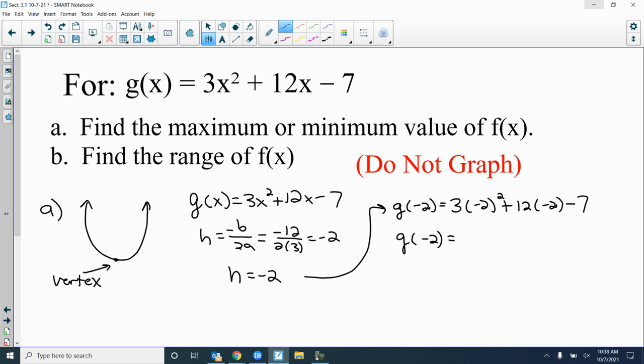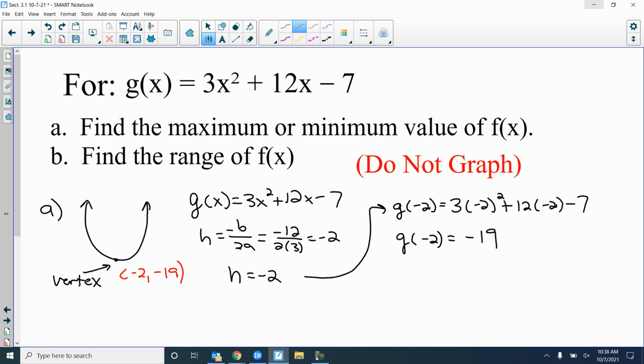Anthony, let me know what you get. Negative 19. Negative 19, he says. All right, I agree with that. That means my vertex right here is negative 2, negative 19, which should match up what we got on the front.